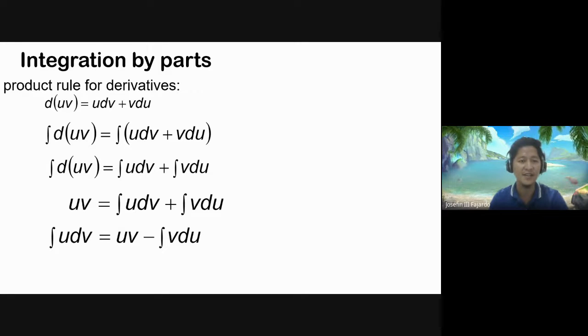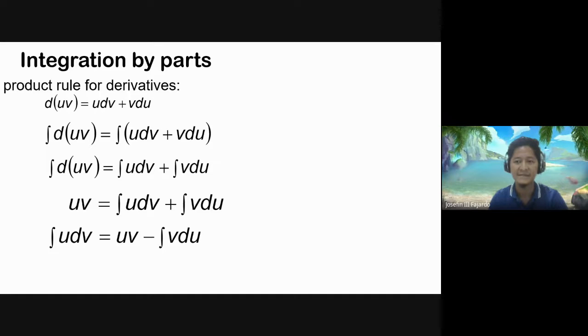Kaya siya tinawag din na integration by parts kasi we will try to subdivide the integrals into two parts. Namely, hanapin natin si u at hanapin natin si dv. And then with this, we can rewrite this integral into this difference. Okay? Malinaw po?